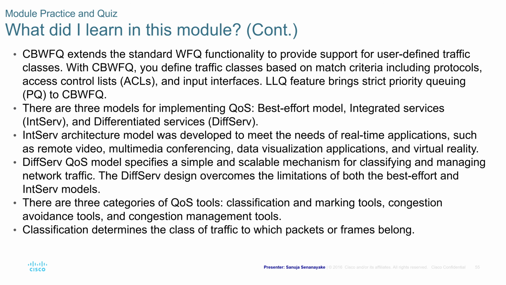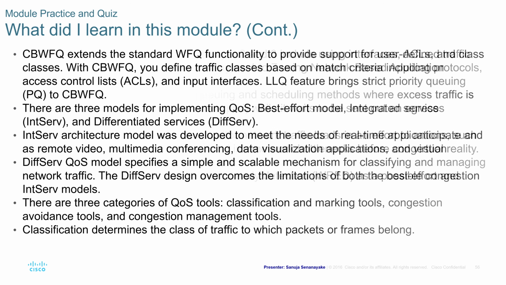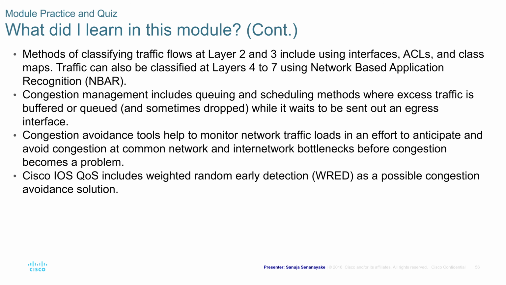There are three categories of QoS tools we covered, which include classification and marking tools, congestion avoidance tools, and congestion management tools. Classification determines the class of the traffic to which the packets or frames belong. And we learned methods of classifying traffic flows at layer 2 and layer 3, including using interfaces, access control lists, and class maps.